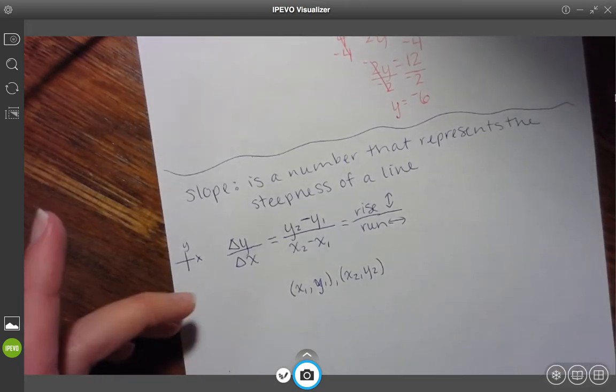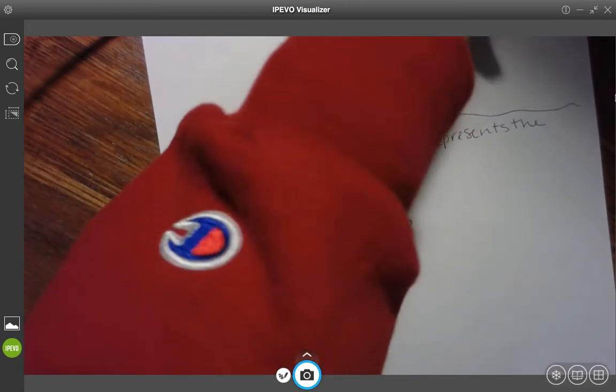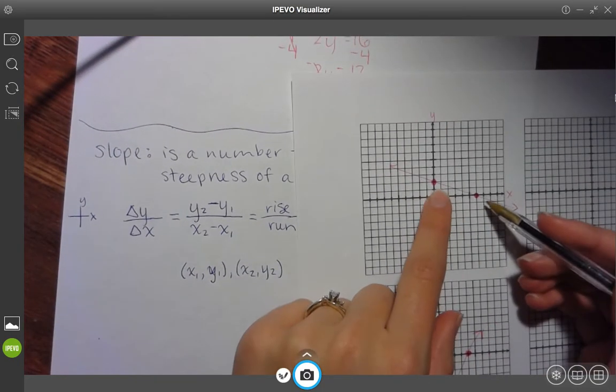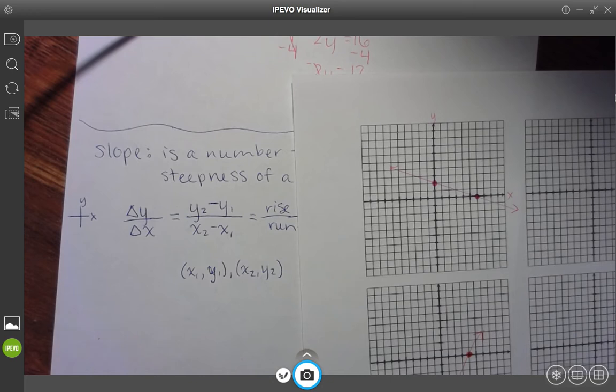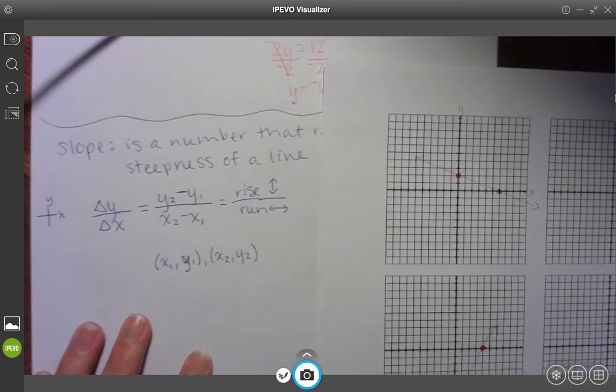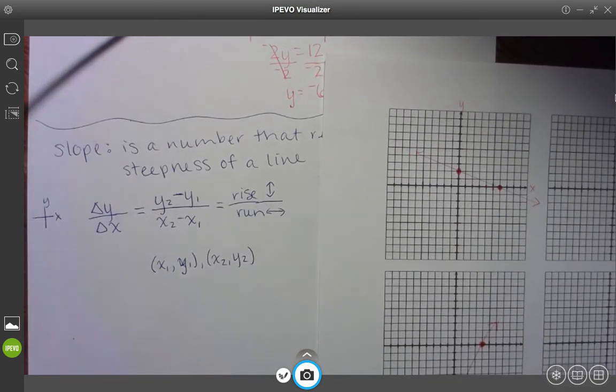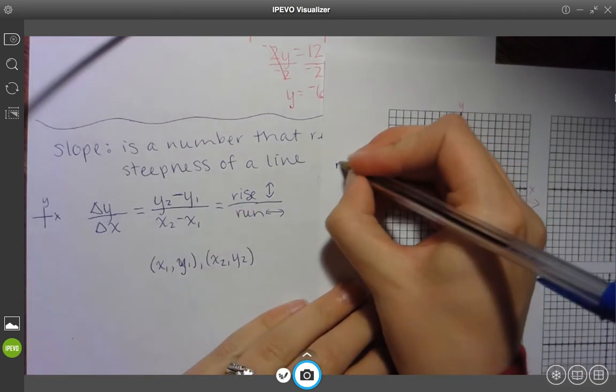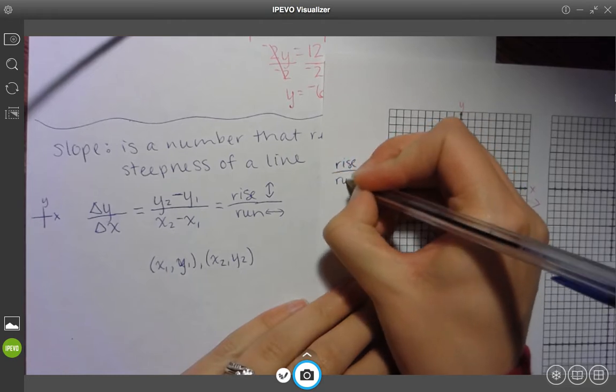So let's talk about finding slope from a graph first. Let's find the slope of this line that we have already drawn. A couple ways we can find slope here. I tend to do rise over run here. I'm gonna write rise over run.